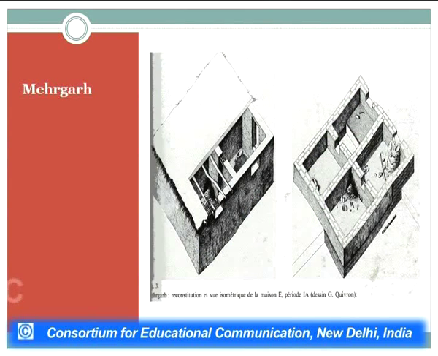As you can see on your slide, this is one of the earliest phases of Neolithic settlement, and this is how the design of the dwelling units could be reconstructed. This is a reconstructed version of what seems to be a habitation zone of the Neolithic people in Mehergarh.